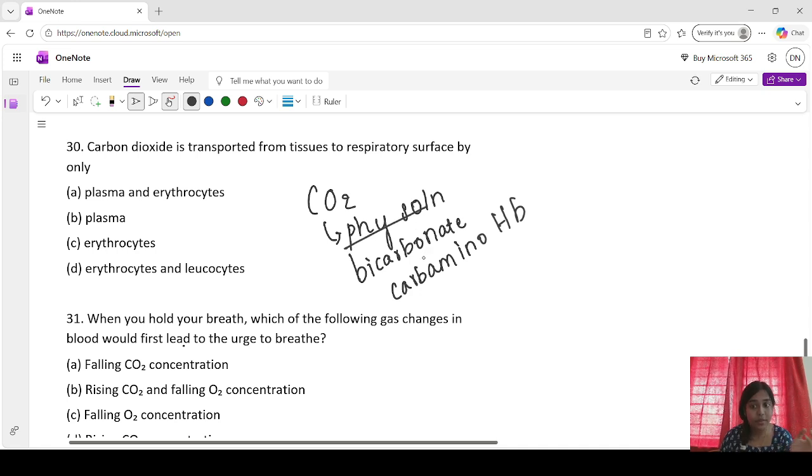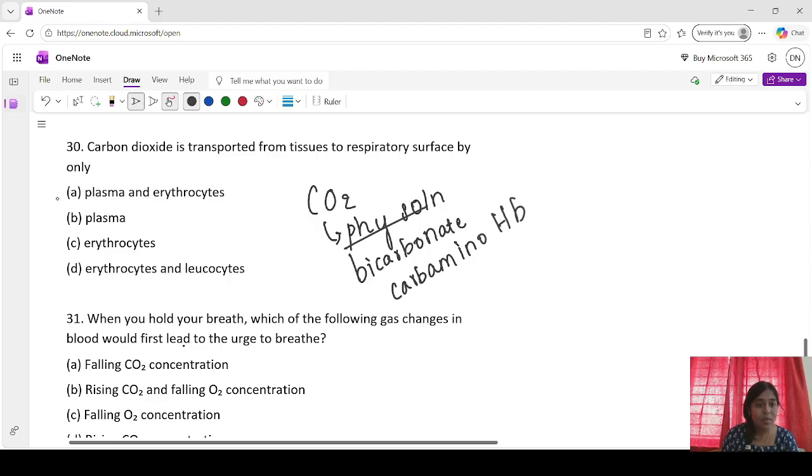About 70% of the carbon dioxide released by the respiring tissue cells diffuses into the plasma and then into the erythrocytes. So here CO2 combines with water to form what? Carbonic acid. So carbonic acid dissociates into bicarbonate and hydrogen ions.